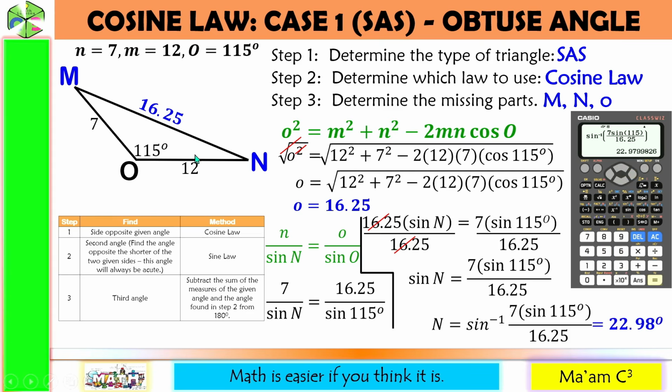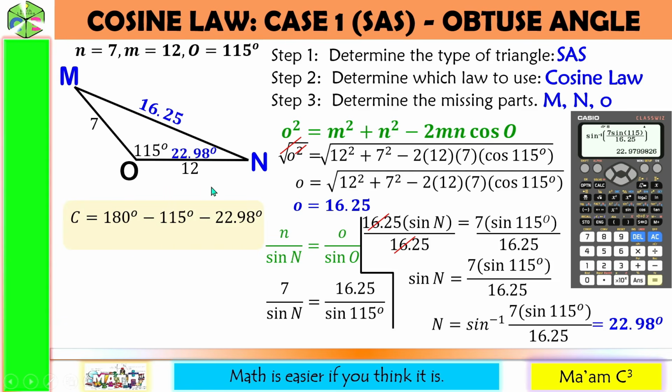Let me put it here, 22.98 degrees. And the last angle is angle M, and we can solve it by subtracting these two angles from 180 degrees. And this will give us 42.02 degrees. Let me write it here.